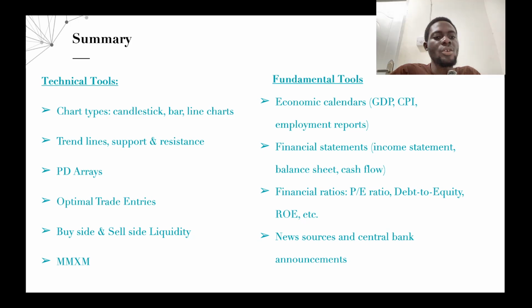PD array, optimal trade entry, buy side and sell side liquidity, MMXM. And then the X stands for both sides. So under the MMXM, we have MMBM and MMSM. MMBM is market maker buy model, MMSM is market maker sell model.